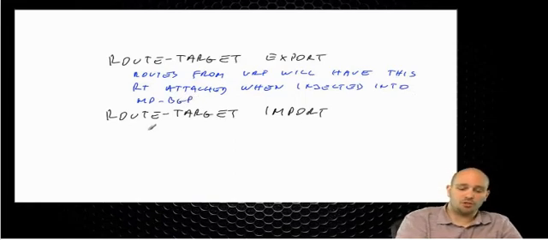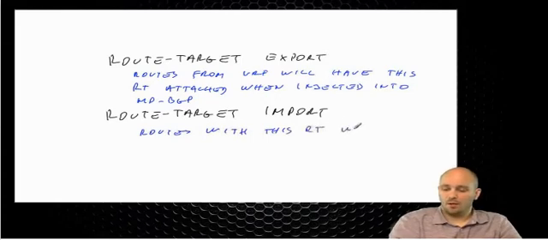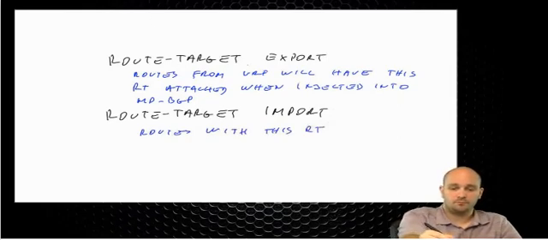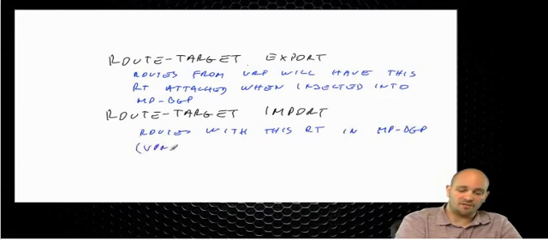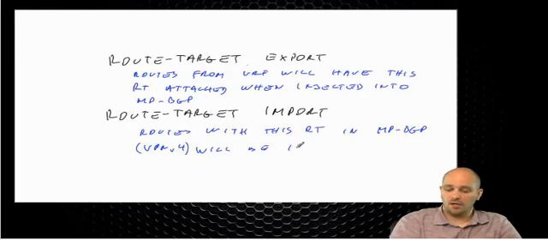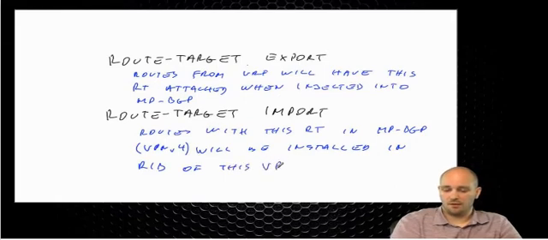What you are doing with the import, you are telling routes with this route target in BGP, so let me just correct that, with this route target in multi-protocol BGP, and I should say VPN v4 address family, will be installed in RIB of this VRF.